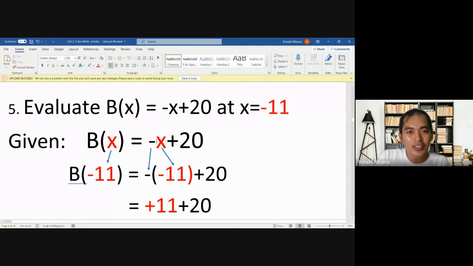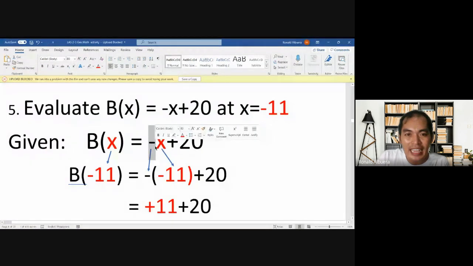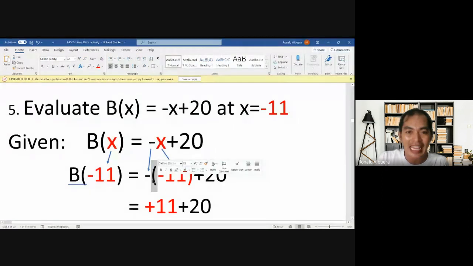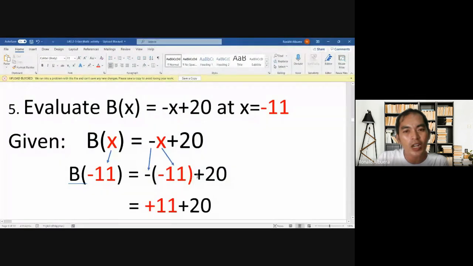If you notice yung x, may sign na negative. Kukopyahin nyo yung negative. Kasi pag hindi nyo yan kinopya, magkakamali ang sagot nyo. X lang po ang papalitan natin ng negative 11. So, when we substitute, pag pinalitan, meaning maglalagay ng parenthesis para hindi magkamali. So, negative of, open parenthesis, negative 11, close parenthesis, then copy plus 20.